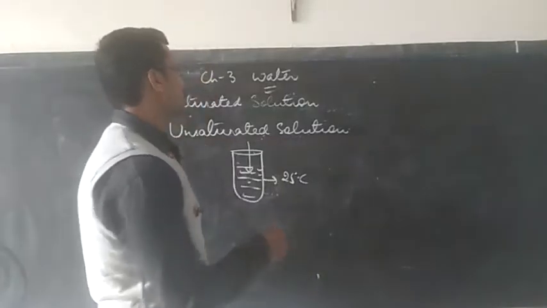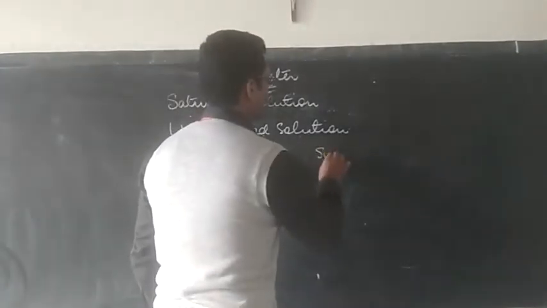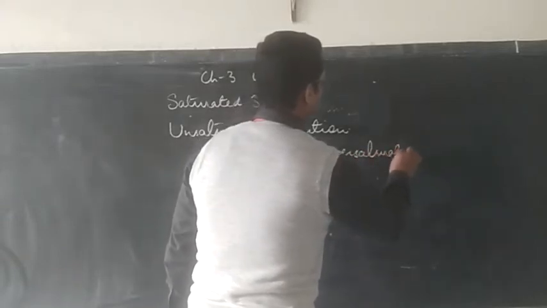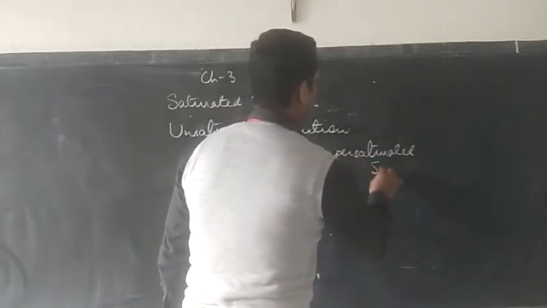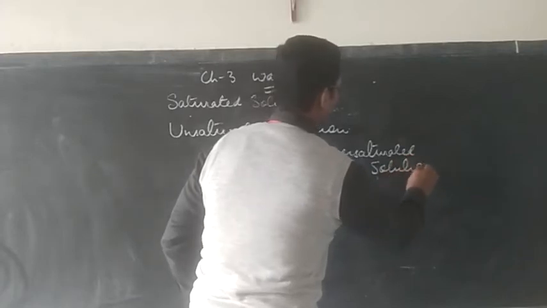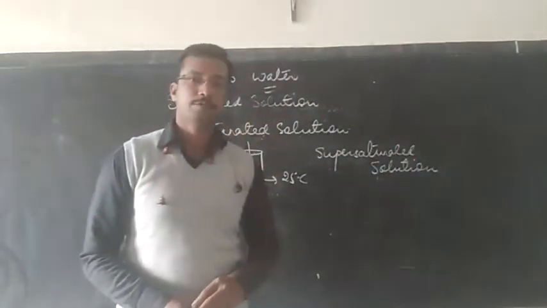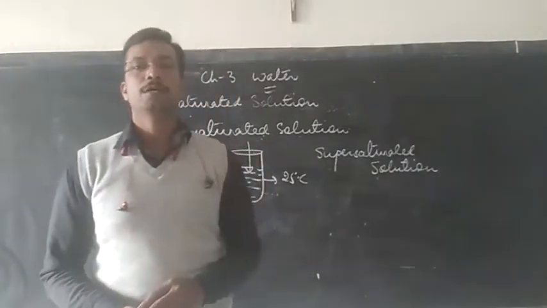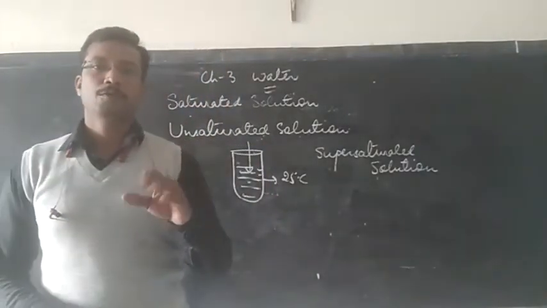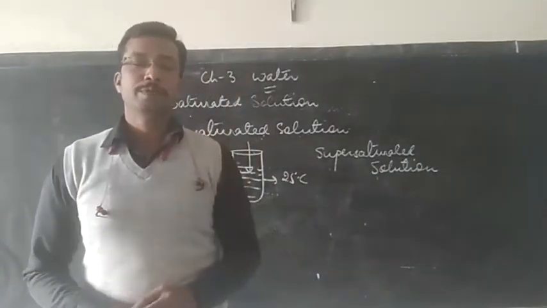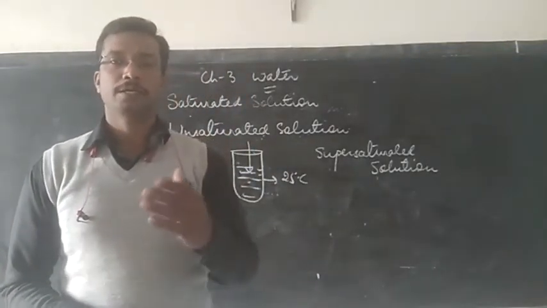There is one more solution called supersaturated solution. It is that stage of the solution where the solution contains more solid particles than is present in the saturated solution at a given temperature.